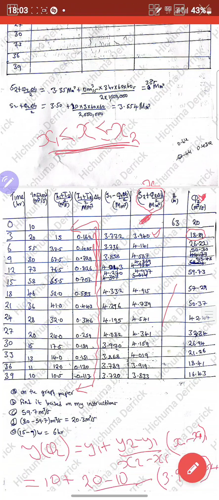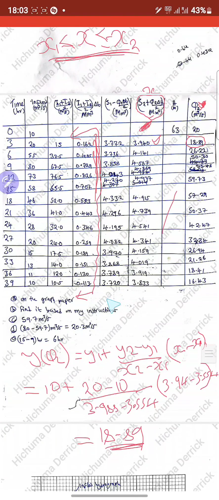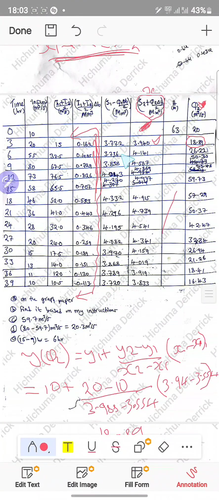So to find the next value for this value here, you say 3.94, minus this value which you have found, 18.89, times change in time 10,800 over a million. I would have just written 10 to the power 6. So when you punch this whole thing on your calculator, you're going to find this number here.